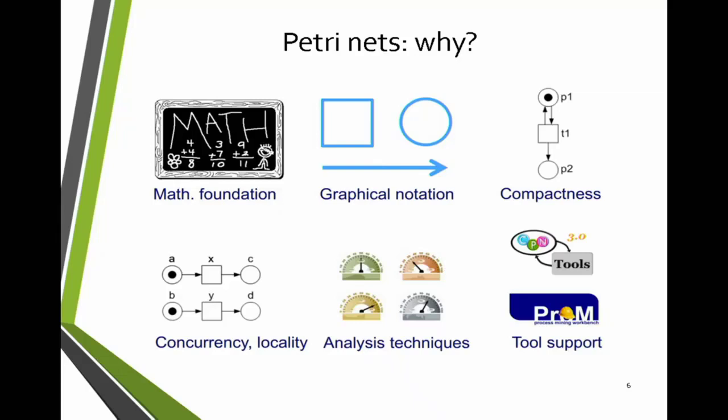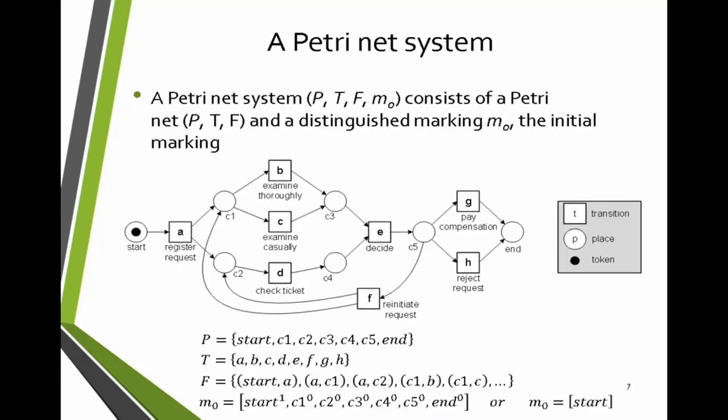Whatever we do in research, we often rely on Petri nets, especially in process mining, because of their mathematical foundation. In practice, it's less of an advantage to use them, but I will come to that in a minute when I explain the advantages of BPMN.